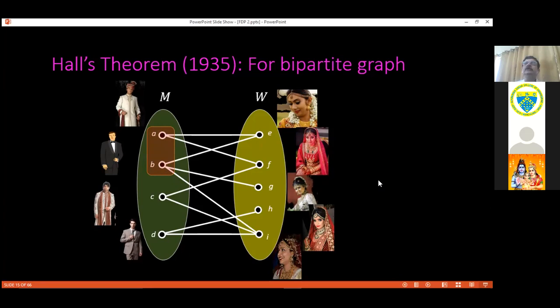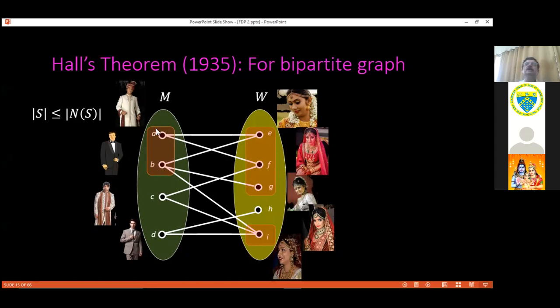This is, A likes E, F, and B likes F, G and I. So how many vertices are there in this union? There are 4 total. Here there are 2. So a subset containing 2 elements matches to more than 2 here.